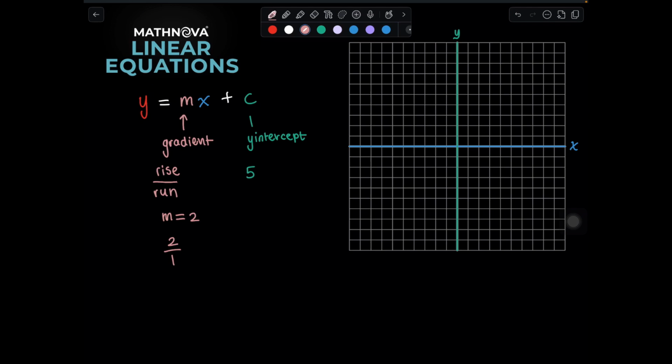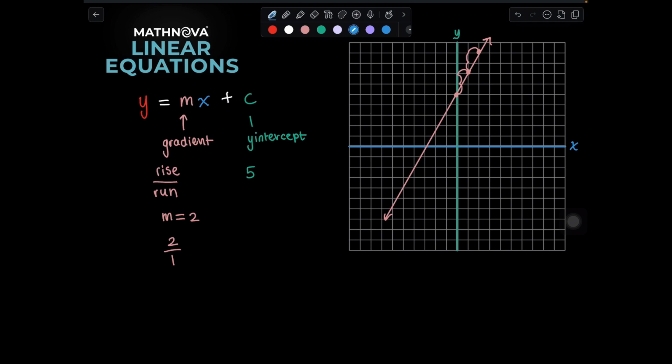So before we had our graph go through 5, if we want to see what our next point would be, it would go up by 2 and across by 1. And you can see how our next point would go through that. And then our next one would go up by 2 again, and then it would go through there. And then if you just draw a line that connects all of those points together, that's it. That's the graph completed. That's how you draw the graph.